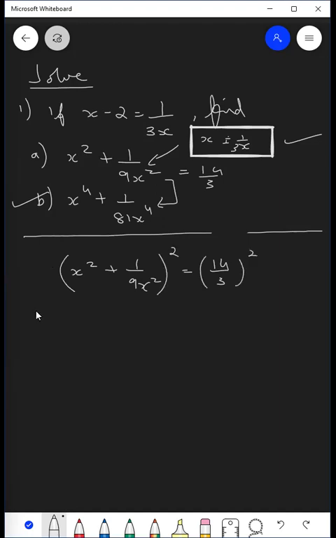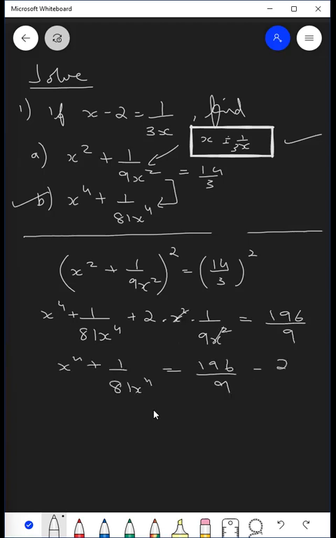So what do I get over here? x to the power 4 plus 1 upon 81x to the power 4 plus 2 multiplied by x squared times 1 upon 9x squared is equal to 196 upon 9. Then x squared gets cancelled. So 196 by 9 minus 2 by 9, which is 194 by 9.